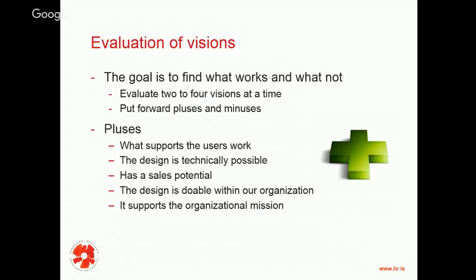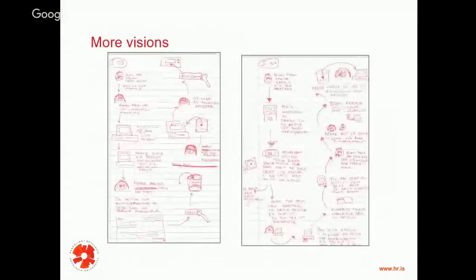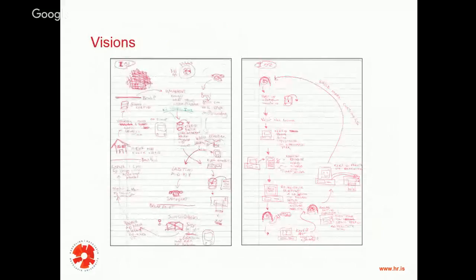Here, these four were made by the same students, so they are describing four different ideas. You could take this one and say, okay, what are the positive things here? Maybe the positive thing is that it is really included in everything in daily life.